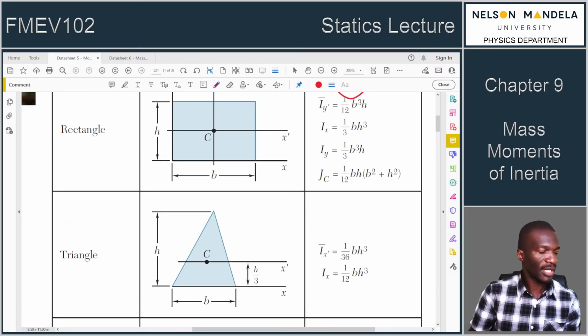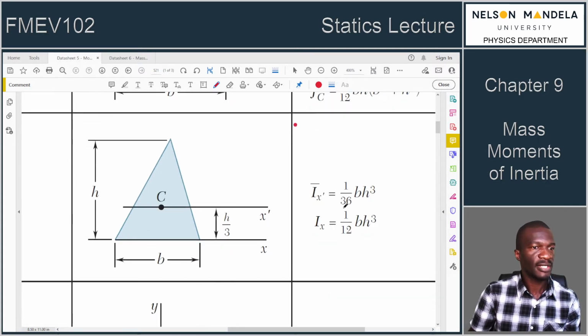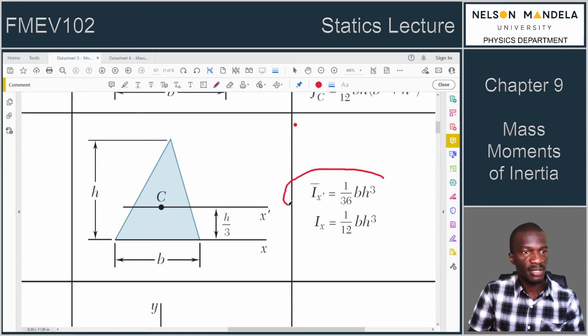This triangle has a base B, it has a height H, it has this as the centroid position, like we said, a third of what? Of the height. Then we only have a moment of inertia about the centroidal x-axis and a moment of inertia about the base axis.